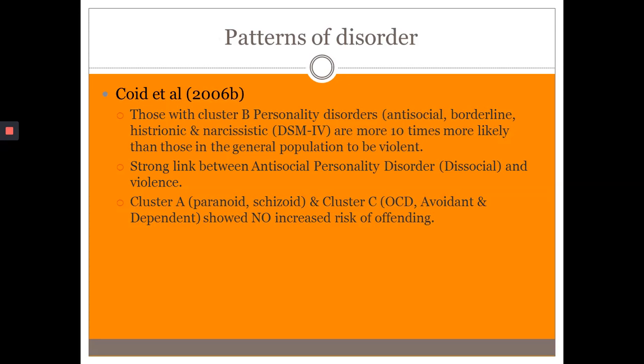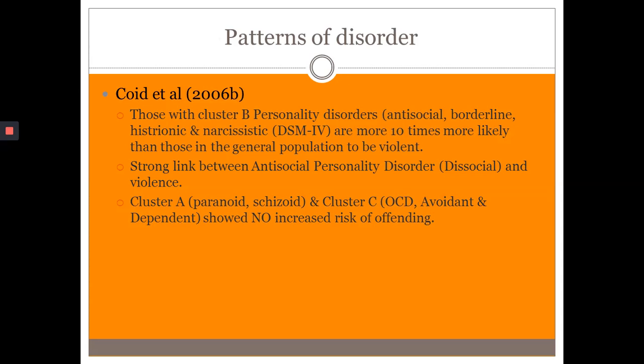Cluster A, which we've mentioned a little bit already in terms of paranoia and schizophrenia and so on, and cluster C, which is largely anxiety-based, have no more likelihood of physical violence than anybody else does. Significantly reduced in the case of cluster C, actually.